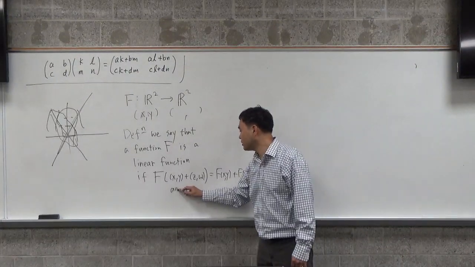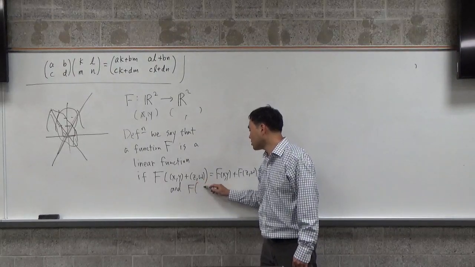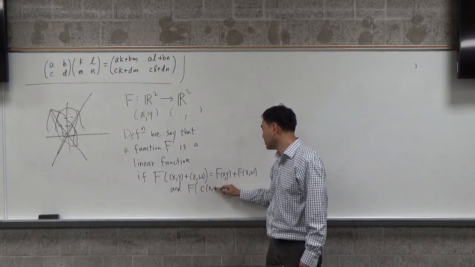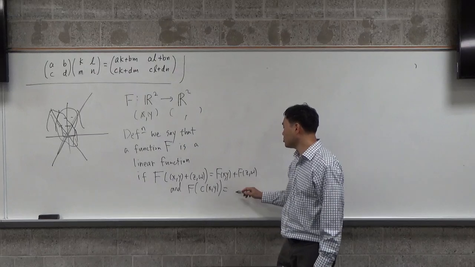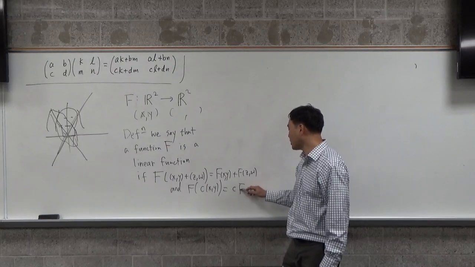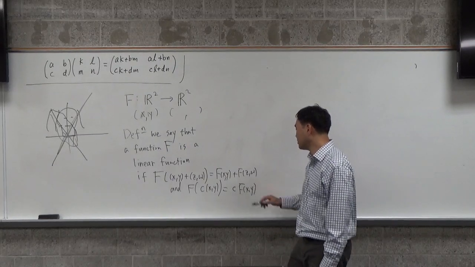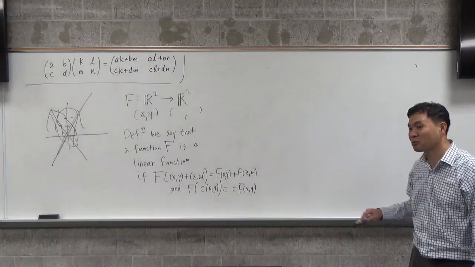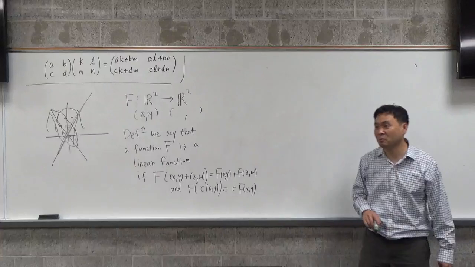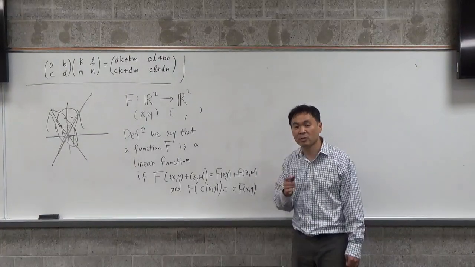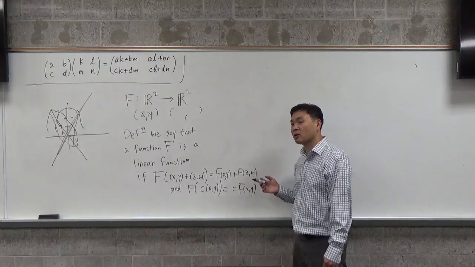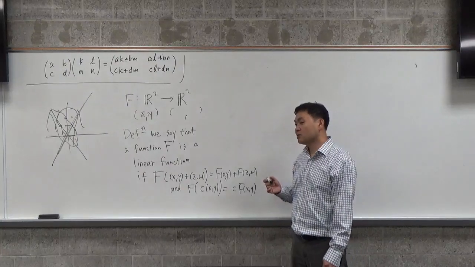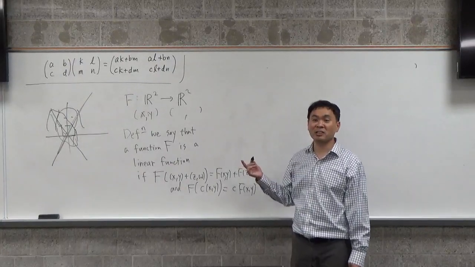And f of some constant times (x, y) gives you c times f of (x, y). Now, some of you may have noticed that this is very similar to the linear operator that I was talking about in differential equations, or even in calculus, we often say integration is linear, right?